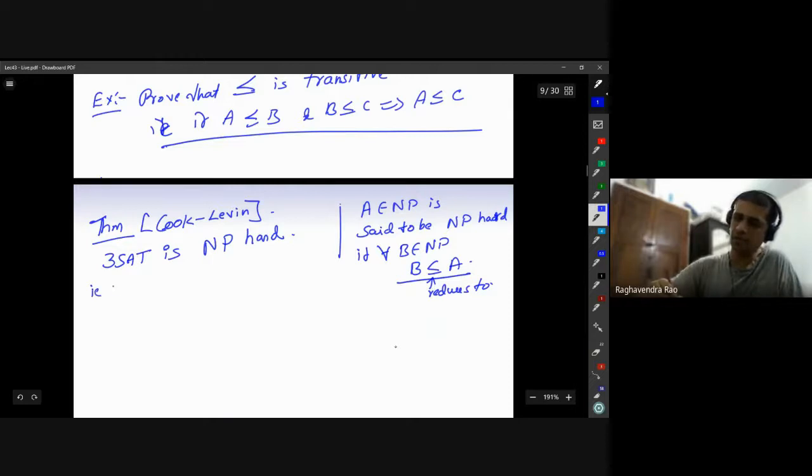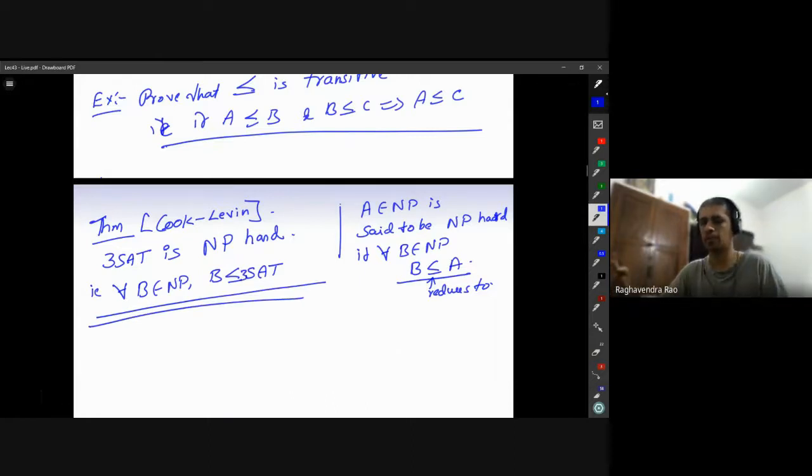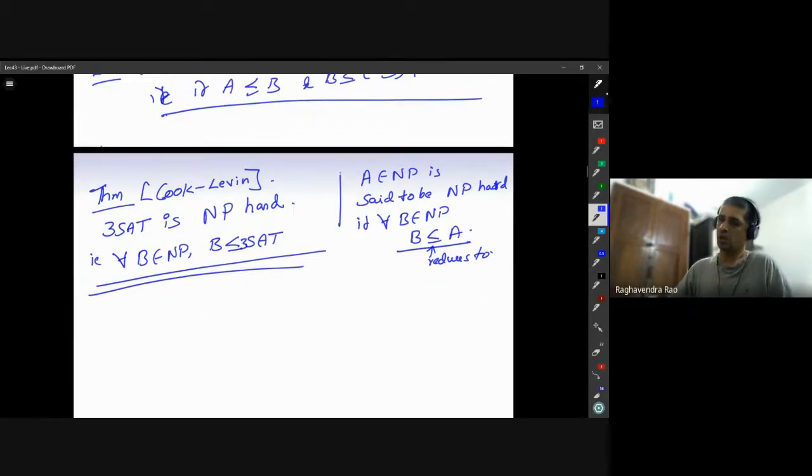It's equivalent to saying for all B in NP, B reduces to SAT, in fact 3-SAT, not just SAT. In other words, if any one of us obtains an efficient algorithm for 3-SAT, by efficient I mean a polynomial time algorithm, then the whole of NP would admit polynomial time algorithms.